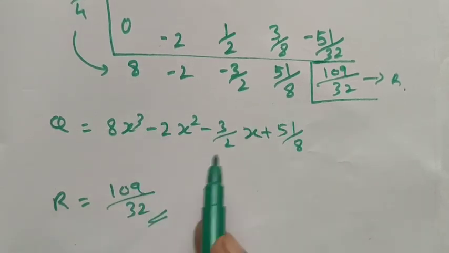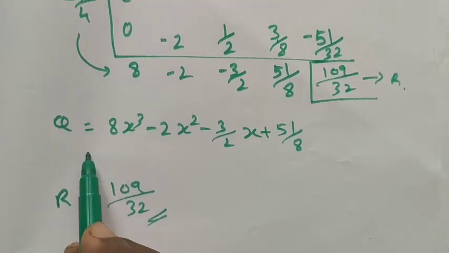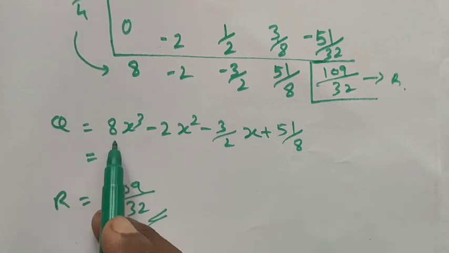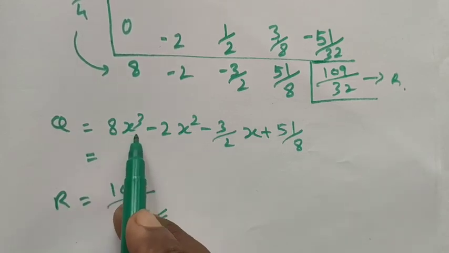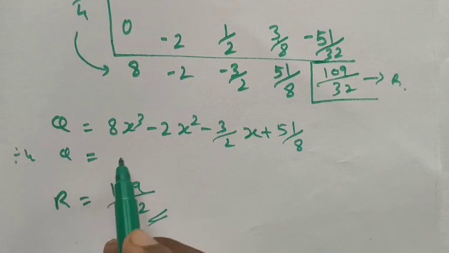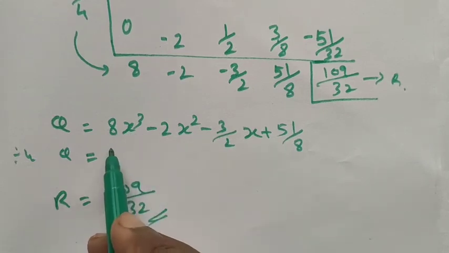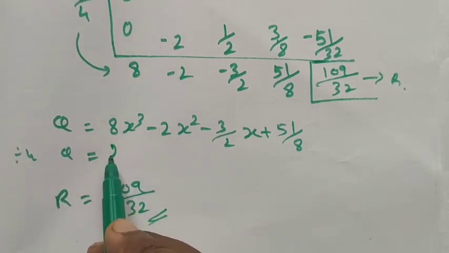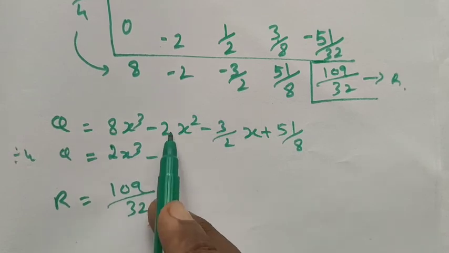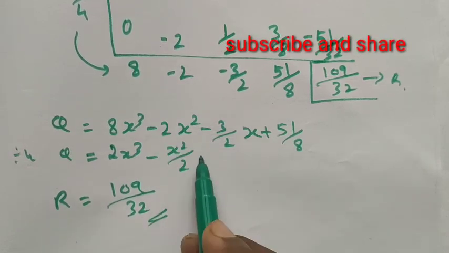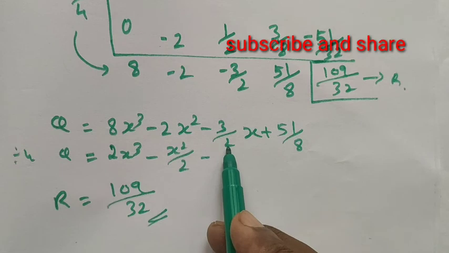This can be reduced into another form, means multiply or divide by 4. Divide by 4, then the quotient is, each and every term is divided by 4. 8 divided by 4 means 2x cube. It is divided by 4 means x square divided by 2, minus divided by 4, right?